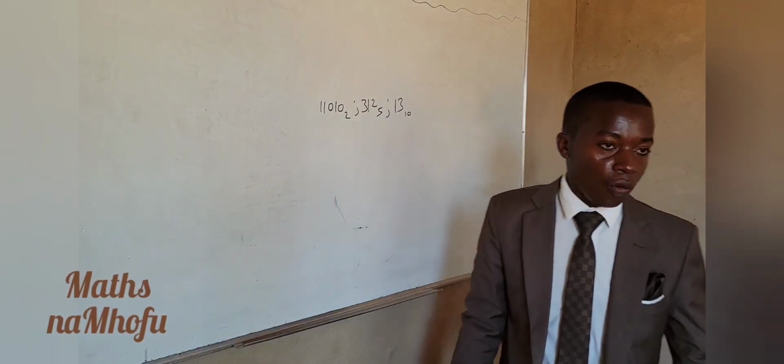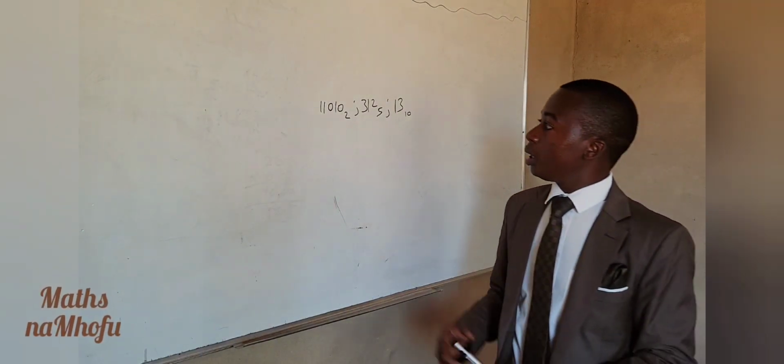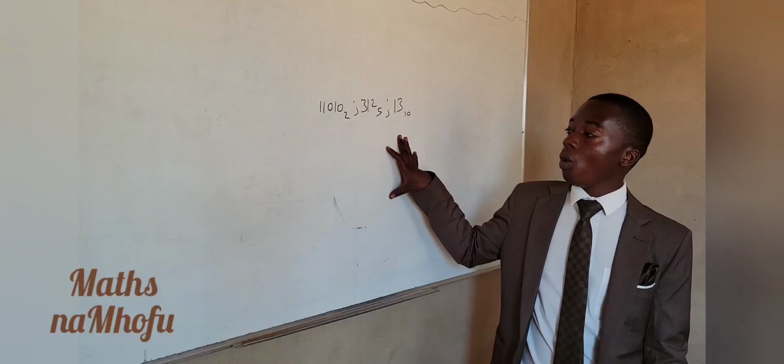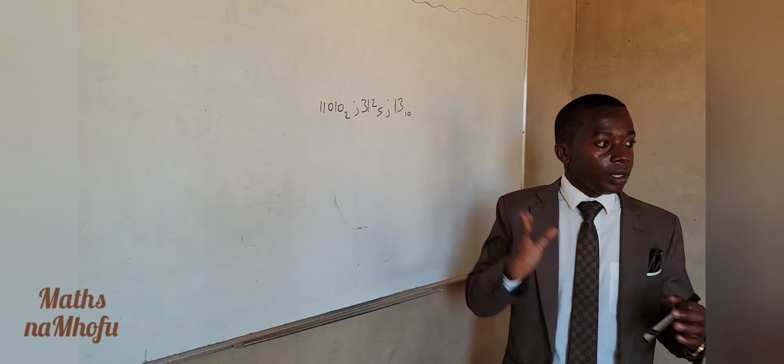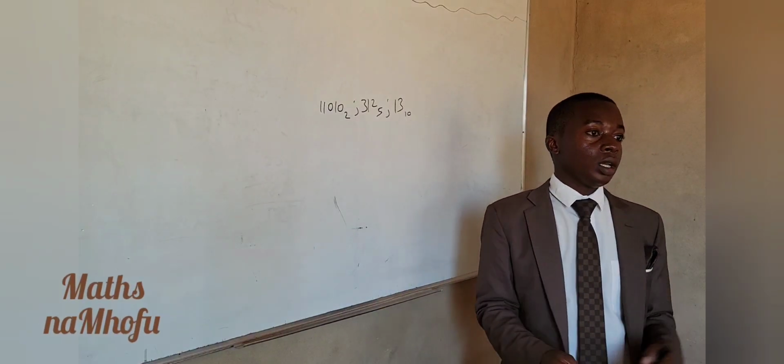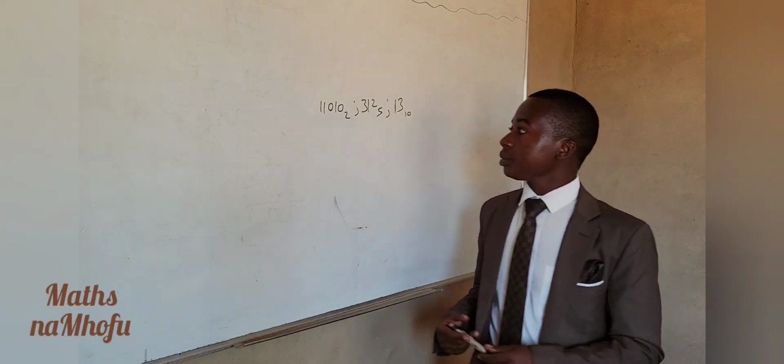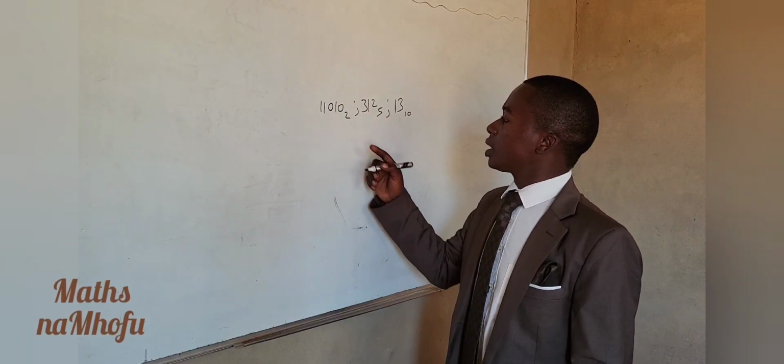For us not to have a challenge, you change all of them to base 10, and then you can arrange them in ascending order, going up. Now let's change.